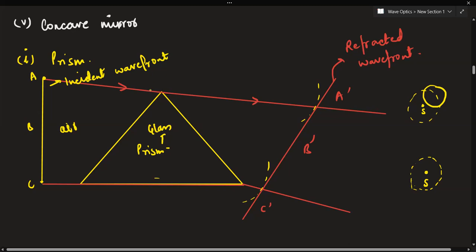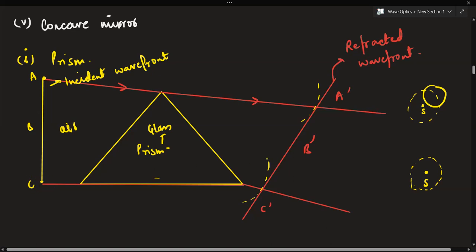This is the minimum thickness part. Since the speed of light in glass is smaller than in air, this lower part C of the plane wavefront travels through a greater thickness. This is receiving much part of the glass, so this lowers the speed. This reduces the speed of all the wavefronts that have been generated from this point.